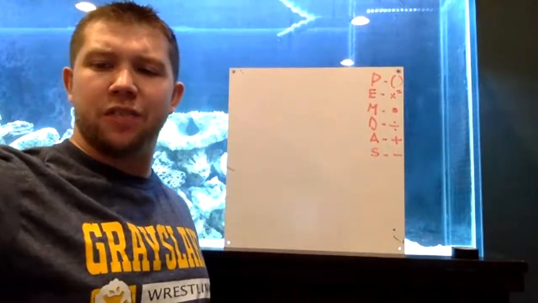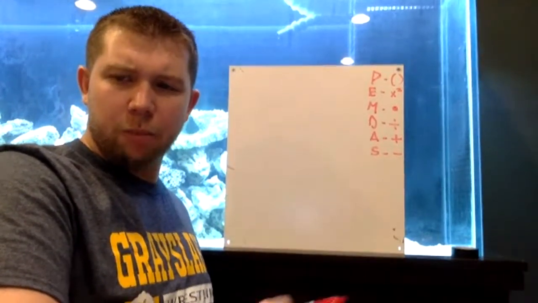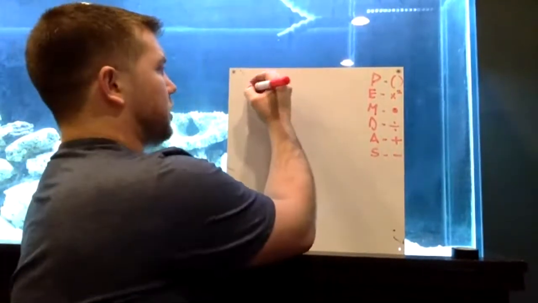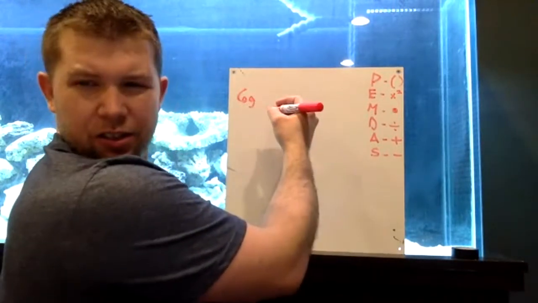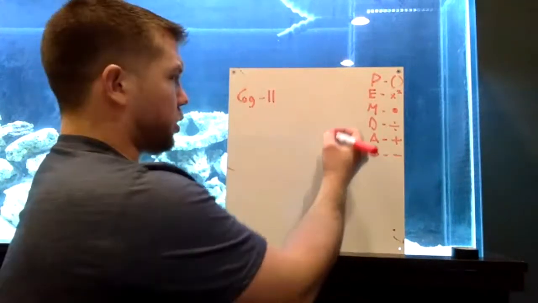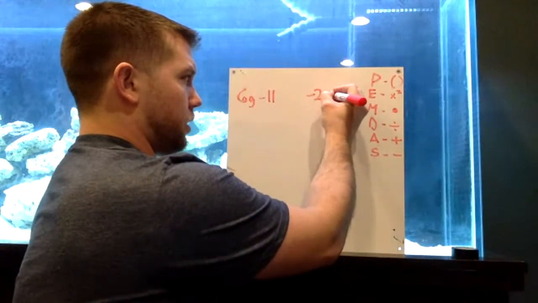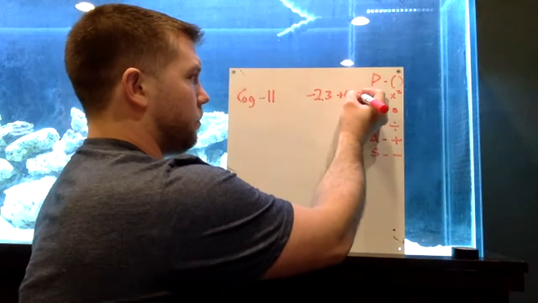All right. So the next page says evaluate each expression. Very similar to what we just did. I'm going to put all 4 of these problems on the board. So I have 6g minus 11. And Mathia goes over these very extensively. There's a lot of these in Mathia, and there's a lot of good practice there.